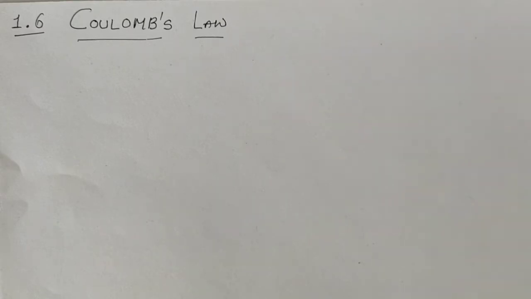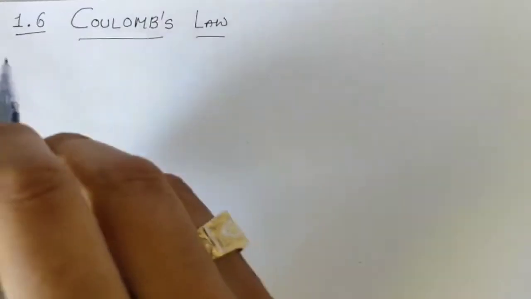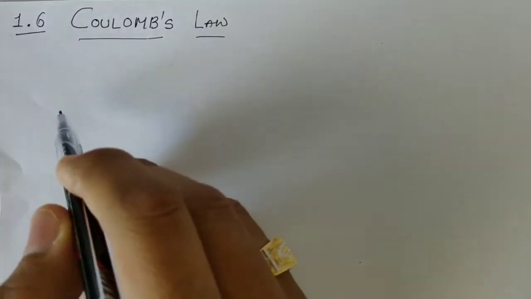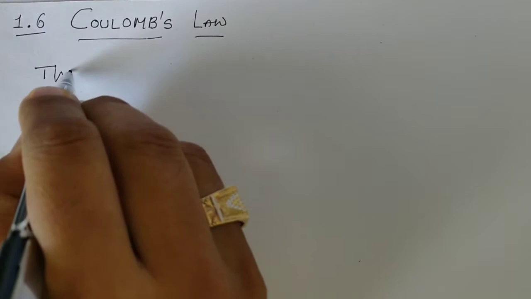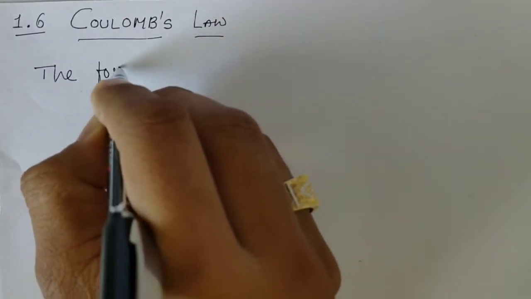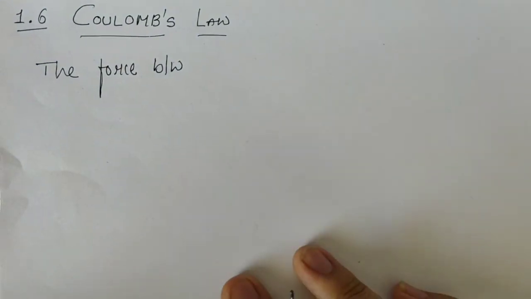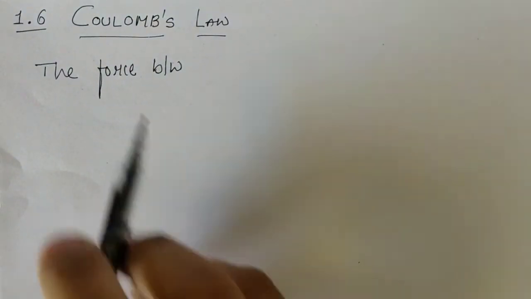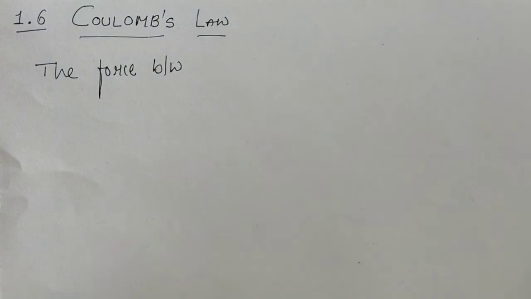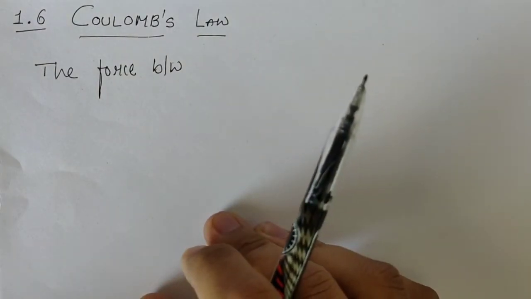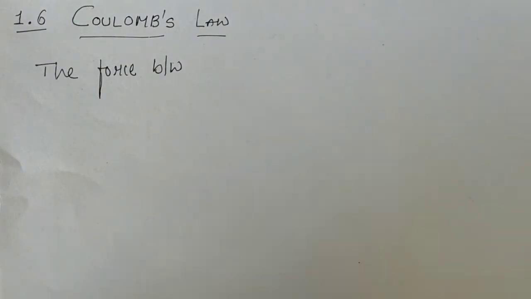Similarly, in Coulomb's law, the force between charges is either attractive or repulsive. Gravitational force is always attractive, but electric force is either attractive or repulsive according to the nature of charges.